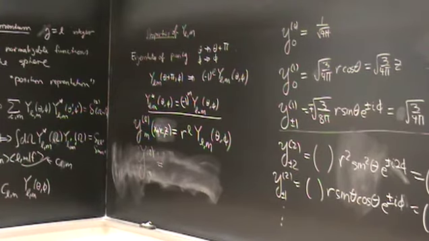Here we are in the xy plane, and generally the particle is undergoing some kind of orbit, depending on whatever its initial conditions are. So there's some position as a function of time.